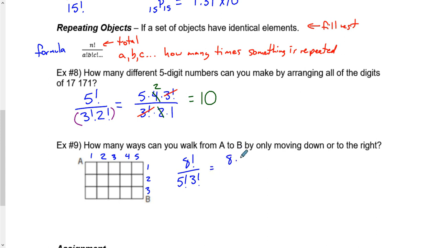So once again, I like using the definition of what factorial is. Just instead of me having to type everything in my calculator, I'm not going to stop you from using a calculator. I just like doing it this way.